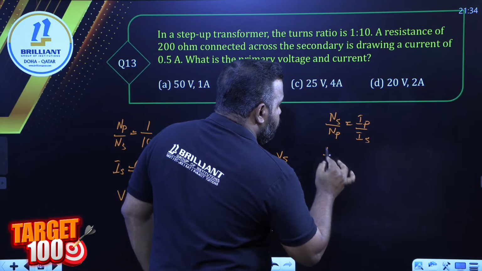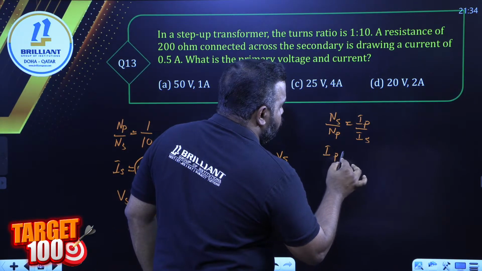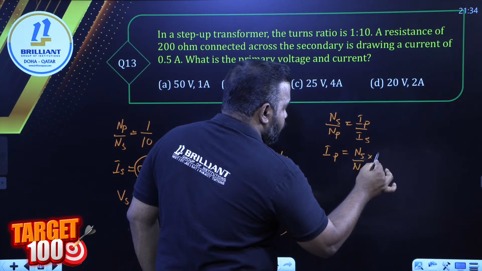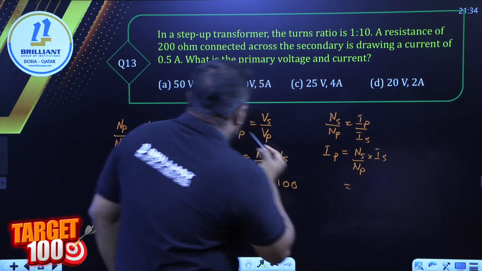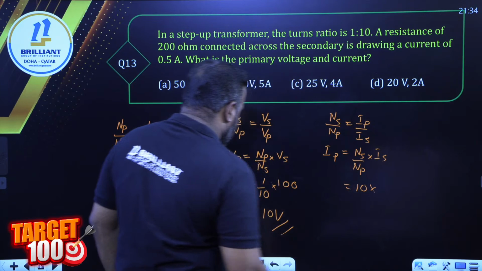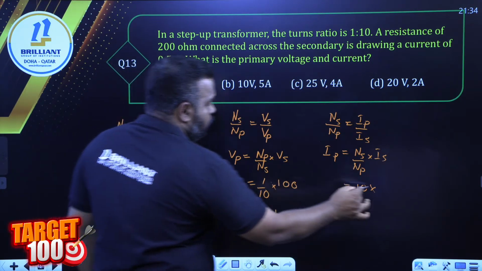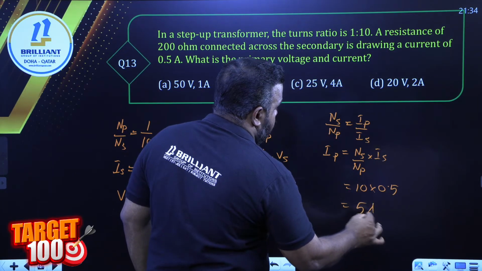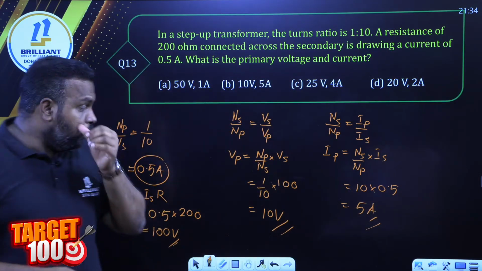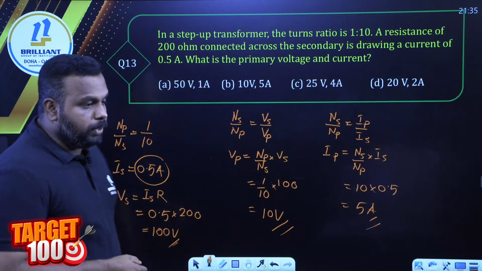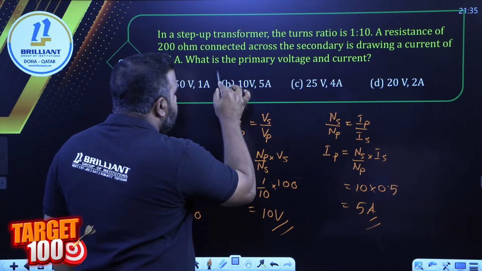IP is NS by NP into IS. NP by NS is 1 by 10, so NS by NP is 10, into IS, the secondary current 0.5. So we get 5 ampere. So primary voltage is 10 volt and primary current is 5 ampere. So the answer is option B.